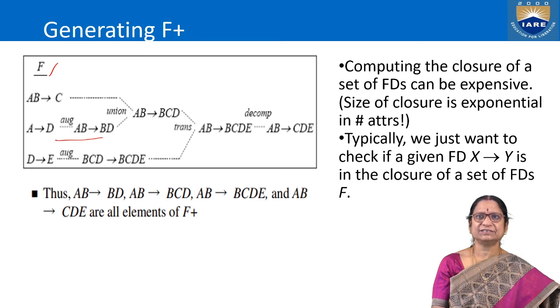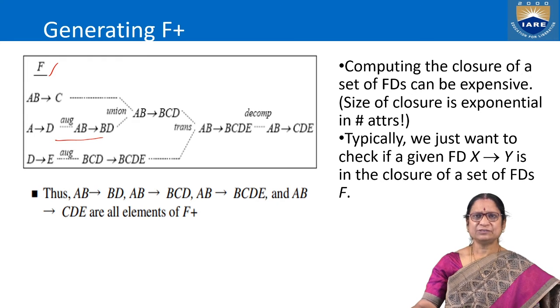That means we have generated newly inferred FDs, which are members of F plus. AB determines BD is generated, AB determines BCD was generated, AB determines BCDE is the third one generated, and AB determines CDE was also generated. All are elements of F plus. There is no proper thumb rule, as specified here.